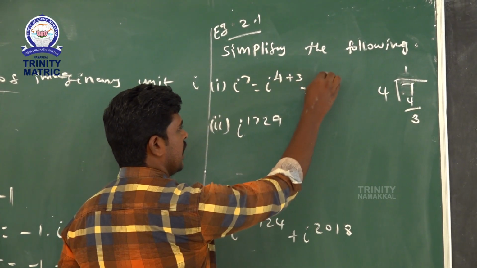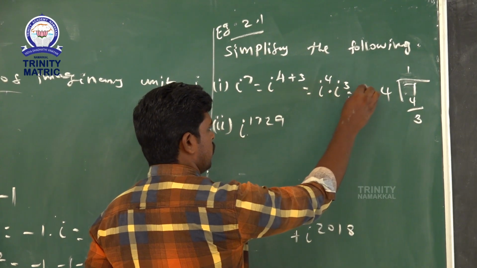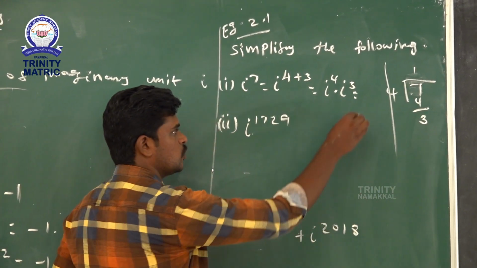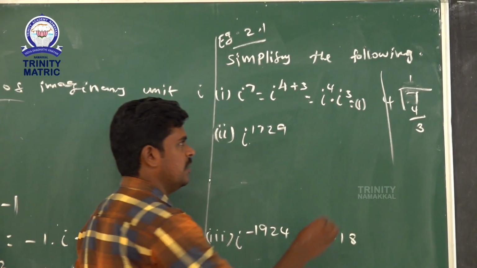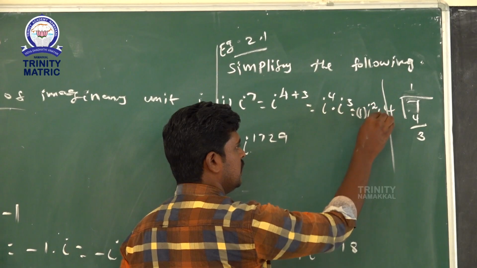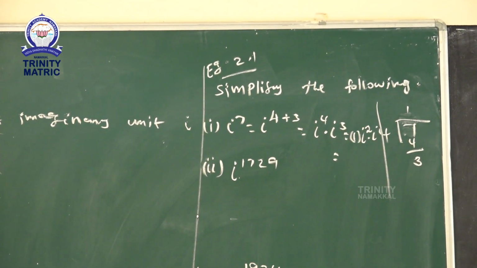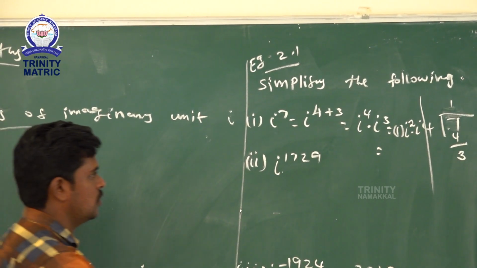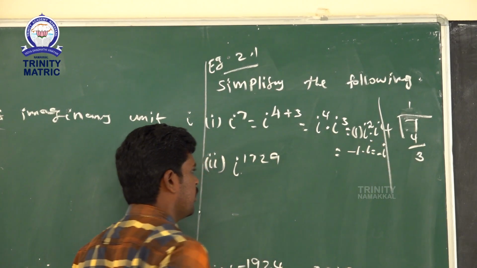This is equal to i power 4 into i power 3. I power 4 is 1. Next, i power 3 can be changed to i squared into i. I squared means minus 1. So minus 1 into i is equal to minus i.